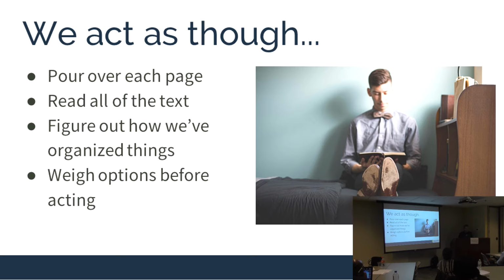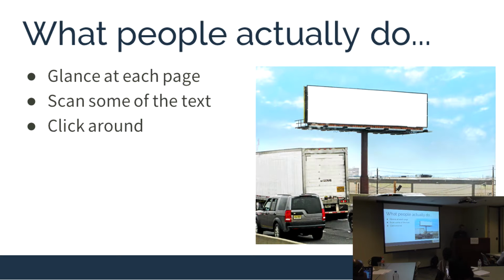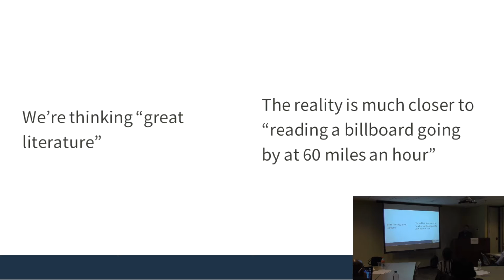Right? What visitors tend to do, if we're lucky, is glance at a new page, scan through some text, and then click on the first thing that vaguely resembles what they're looking for. So it makes sense that we imagine this rational, attentive user that has some level of domain knowledge of our agency. It's only natural to assume that other people use the web in the same way that we do.